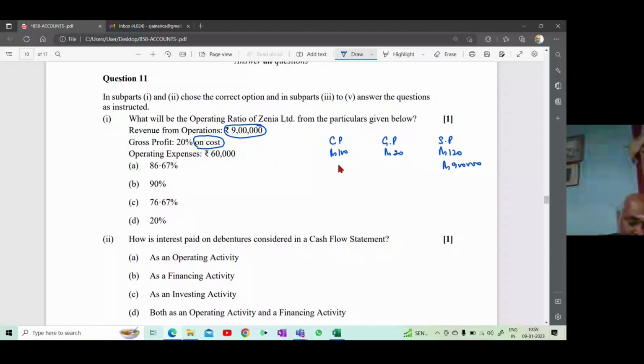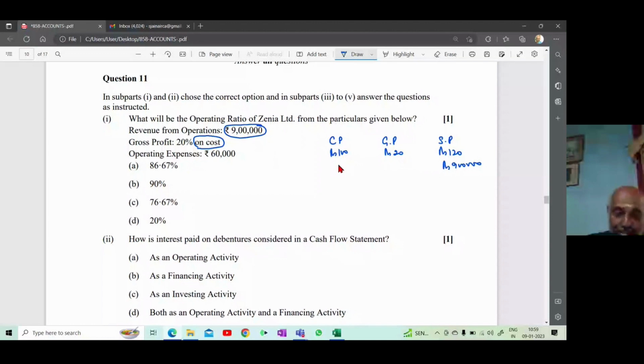rupees. I told you cost is 100, profit is 20, selling price is 120. If your actual sales is 9 lakhs, how much is your actual cost price?